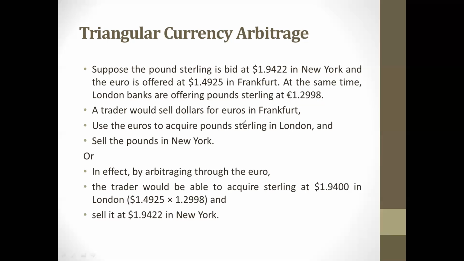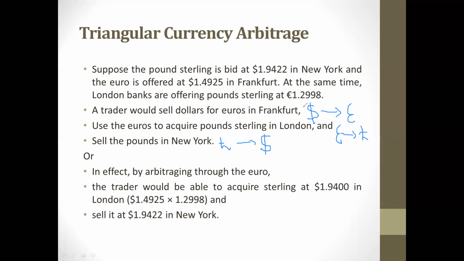Similarly, that pound he can again take into the New York market and sell into dollars. Normally it happens like this: in the New York market, dollars are transferred to euros, in the Frankfurt market that euro is transferred to pounds, then again he comes into the New York market, where he transfers that pound into dollars.